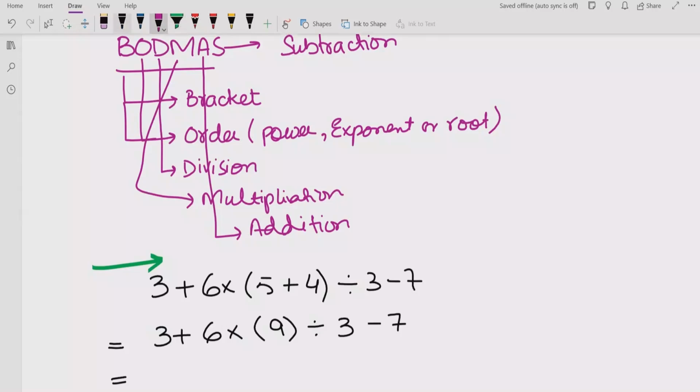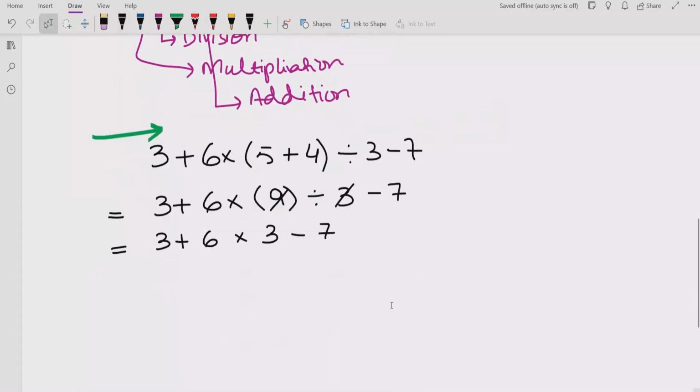According to BODMAS, we have to divide this one: 3 plus 6 divided by 9, 3 nines are 9. After that we have to solve multiplication. Here we did the division, and here we solved the bracket. Now we have 6 times 3, the 18.